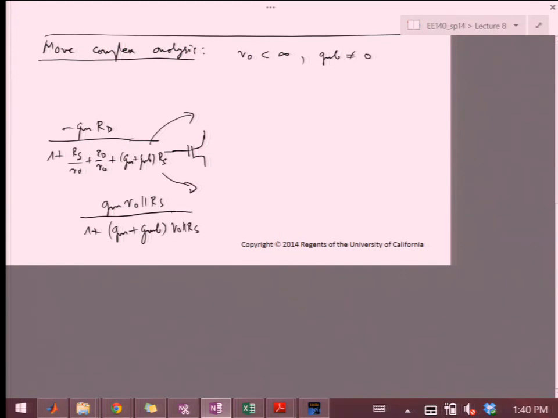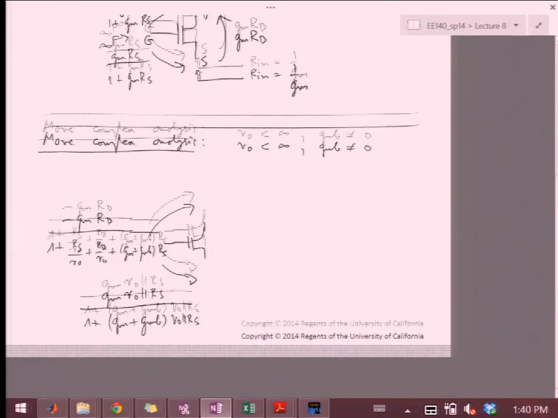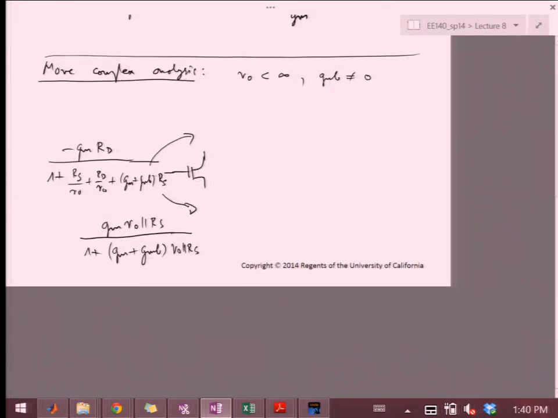Now, let's take a look at this one. You may be wondering what's R naught doing here, but it's actually pretty easy to figure out. If I had, in this situation when I'm going down, this side is, of course, this is also kind of approximate, right? I'm assuming that there is kind of ground here.